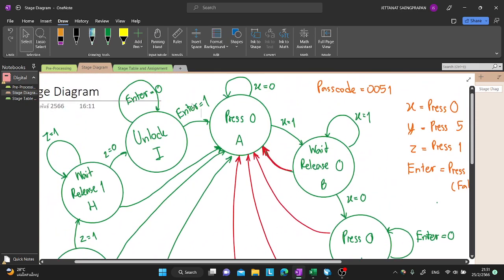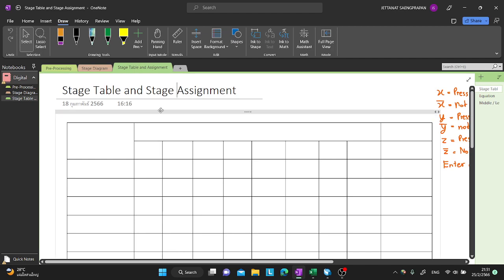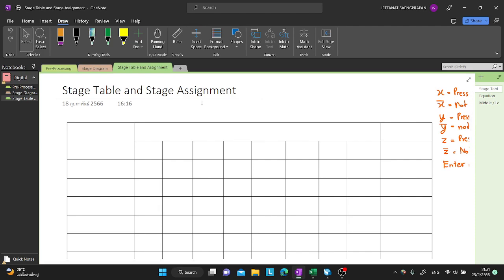And yeah, the next one is state table and assignment. So how did I do that? The state table is where I write the present stage, and write all the actions of the state diagram.